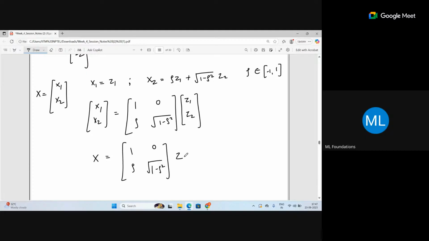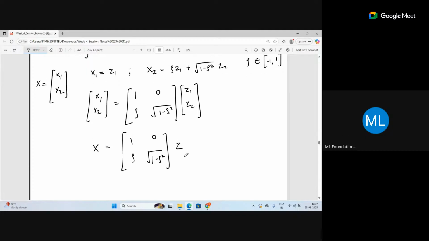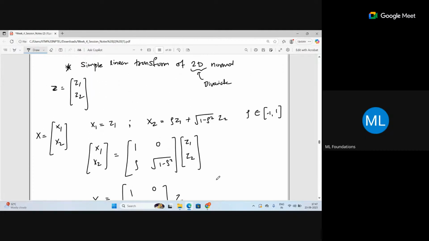Fine. If you think about it carefully, is the joint density of these two random variables known to me? Or do we know the joint density of z or x? What is known to me? We state that z1 and z2 are independent of each other.